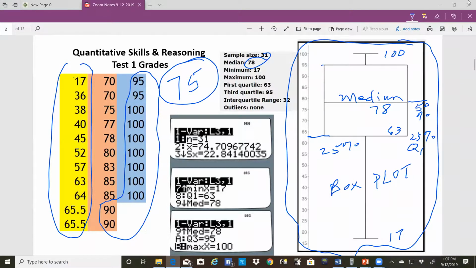And then the third quartile, which is a 75% point, 25% made 95 or higher. So one of the things we're doing in this data unit is learning how to look at data and display it.